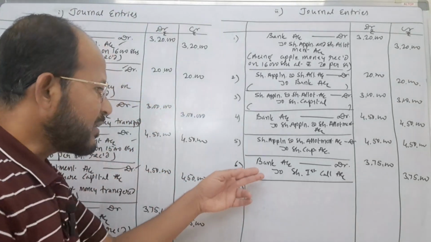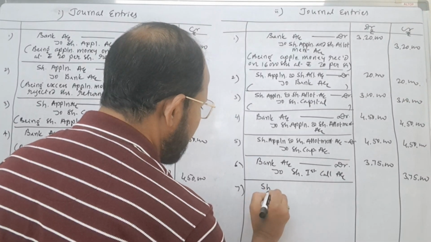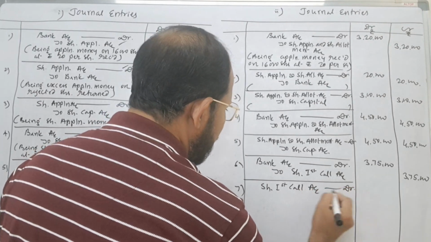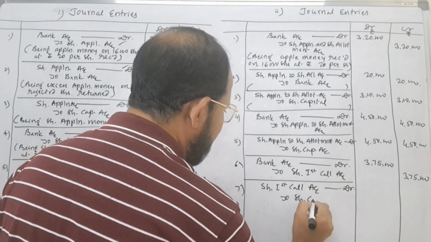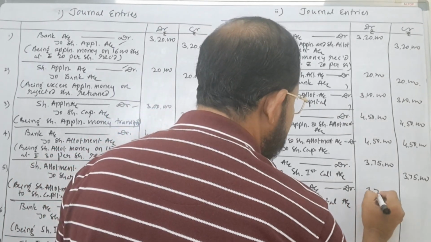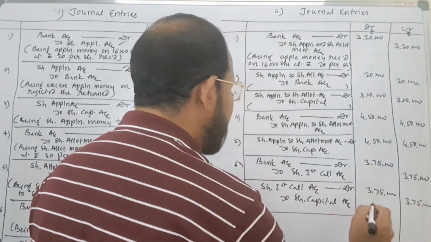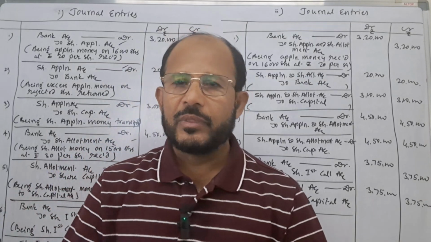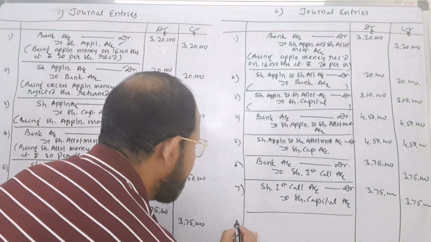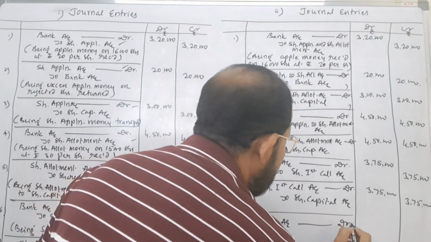Next one is when this call money is transferred to share capital account, what journal entry do you pass? Share first call account is debited to share capital account. Rupees how much? 3,75,000 and rupees 3,75,000. In the similar way, when the second and final call was received, the journal entry is bank account is to be debited.